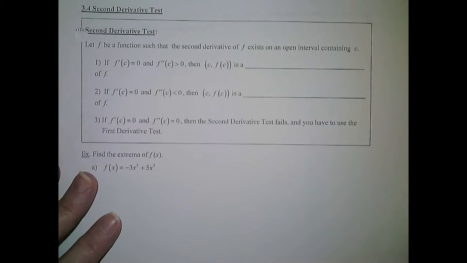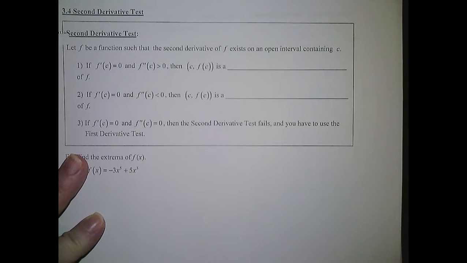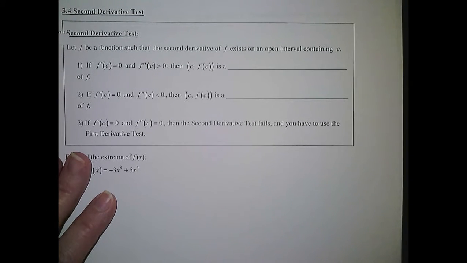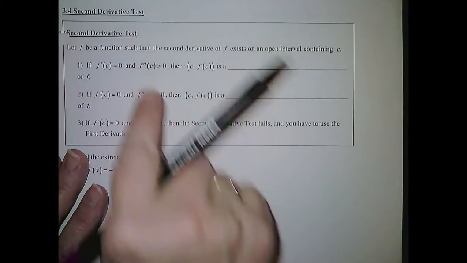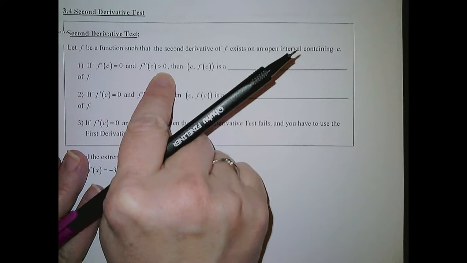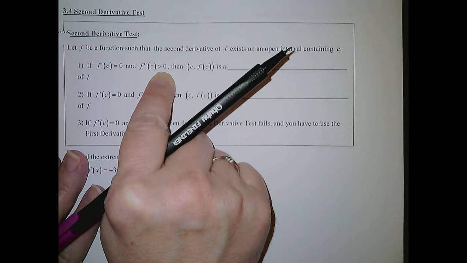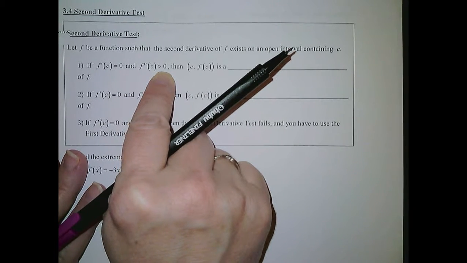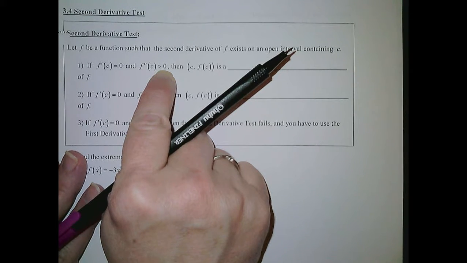If the derivative at the point c is equal to 0, then we know we have a horizontal tangent line at that point. We have a critical number at that point. But if we also know that the second derivative at that point is greater than 0, then the graph would have to be concave up.